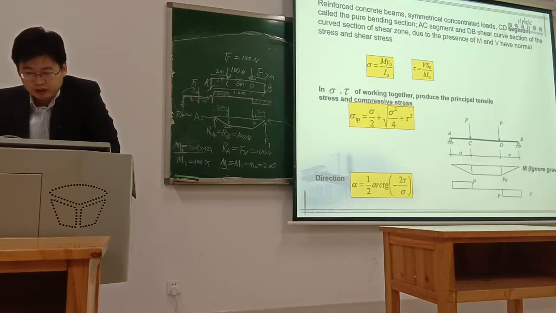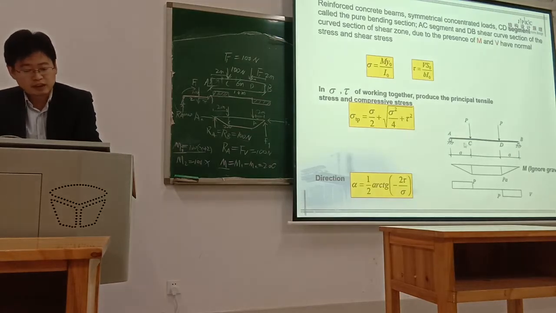So you see CD part, CD segment, we call it the pure bending section. Because in CD section there is no shear force, only moment, we call it pure bending section. And the AC segment and the BD segment, these two parts, are shear-bending sections.